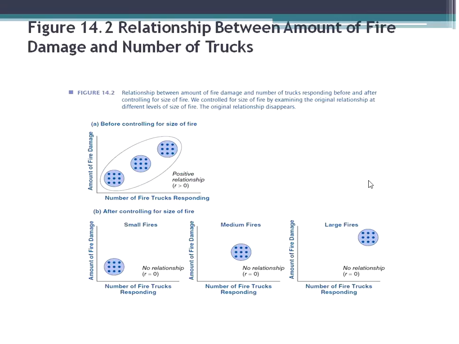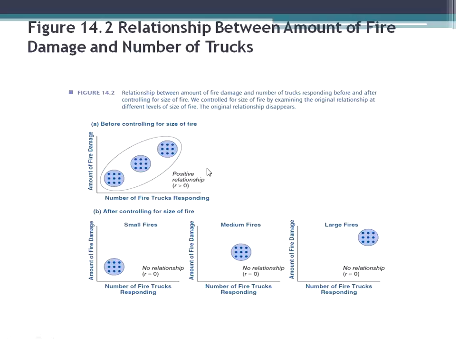So this table from your book is kind of neat. It shows this idea that when we don't control for the size of the fire, if we have data points for our small, medium, and large fire, the number of fire trucks that respond increases at a linear rate with the amount of damage that's done. And it shows this positive correlation.